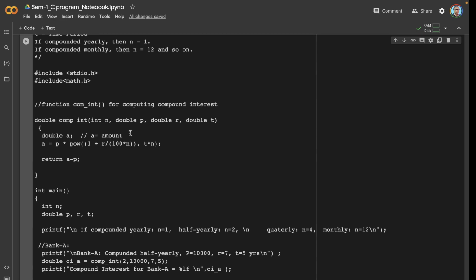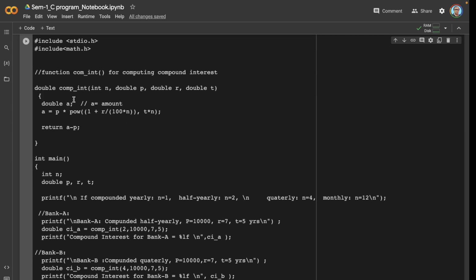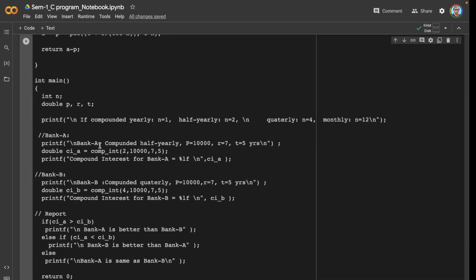This is the function compound interest, integer n, double p, double r, double t. Double A is the amount equal to p star power 1 plus r by 100 into n, comma, t star n. Return a minus p for compound interest.